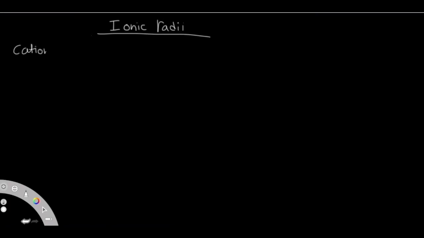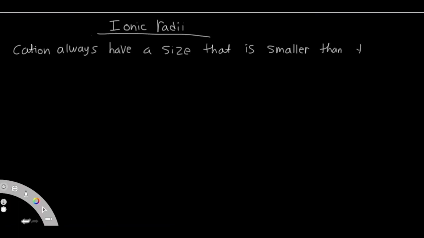For a cation, always have a size that is smaller than the neutral atom, because the outer orbit, if you want to think of outer orbit as the valence electron shell, you can.